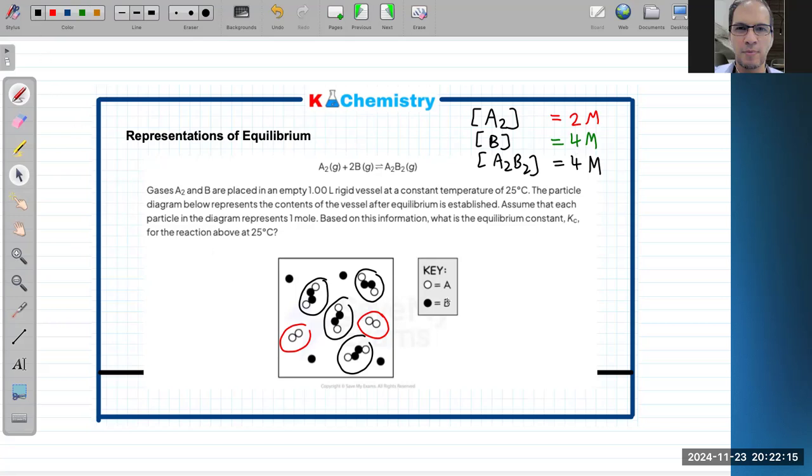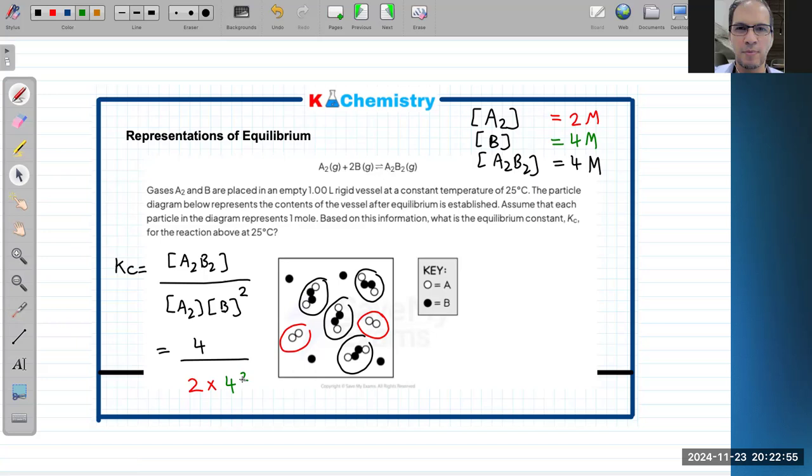So let's write down the Kc. The Kc is equal to the product concentration, which is A2P2, divided by the reactants, which are A2 multiplied by the other reactant, P, and the P will be raised to the power of 2. The concentration we found is 4 molar, A2 is 2 molar, and P is 4 molar, but raised to the power of 2.